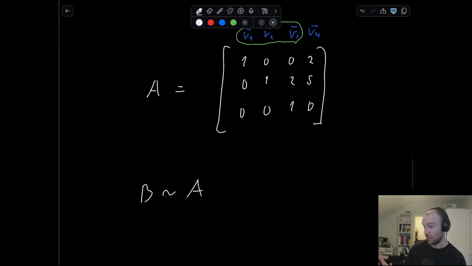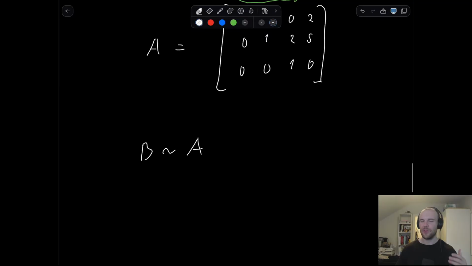Then the same thing applies for B, right? And the reason is that row reduction can't change the linear dependence, the linear relationship between our system of equations. That is what row reduction can't change, right? We are just doing linear operations on each row, so that shouldn't change.